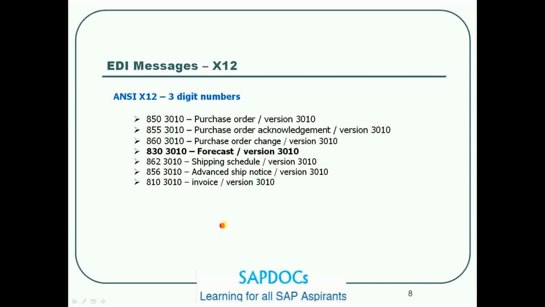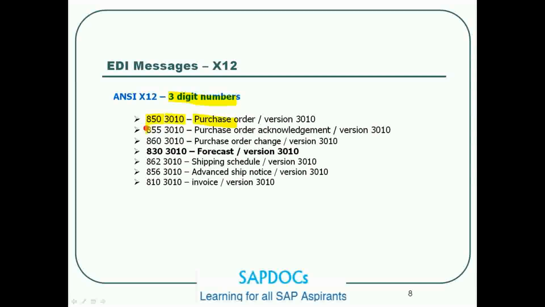In X12 EDI messages, you will see that 3-digit numbers are used to denote the messages being sent. 850 is for PO, and you will also see a 3010 or similar 4-digit number that defines the version of the message. So when I say 850 3010, it means purchase order version 3010 in X12.